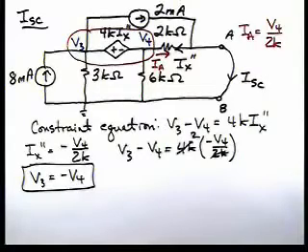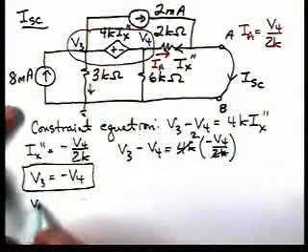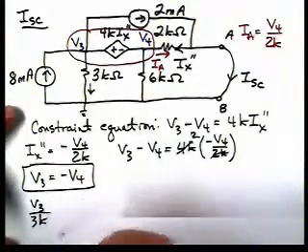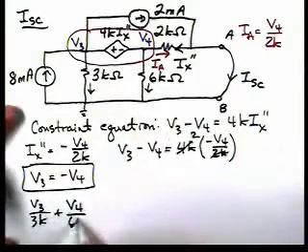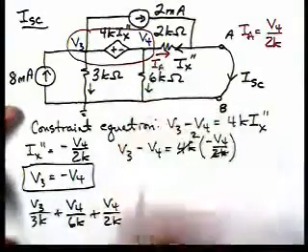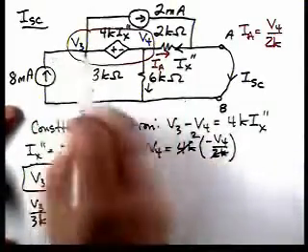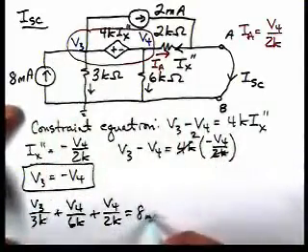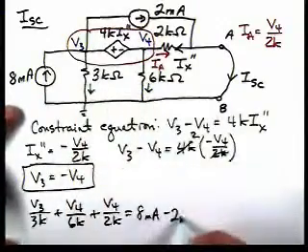Now, if we apply KCL to the supernode, we'll have V3 over 3K, be that first term. This one will be V4 over 6K. Then we'll have V4 over 2K, which is this current IA. That's equal to, we have a current of 8 milliamps entering from sources and 2 milliamps leaving from that current source.